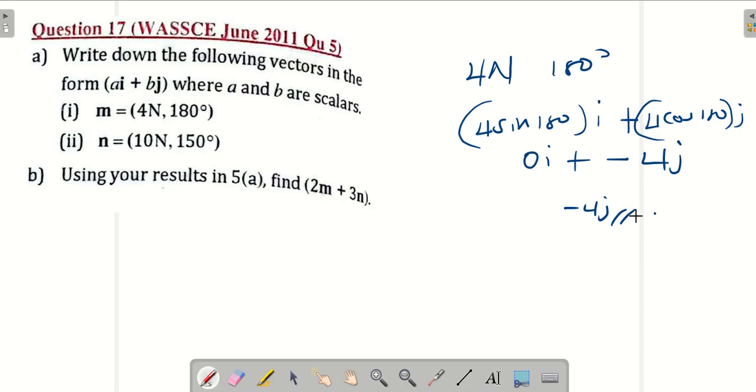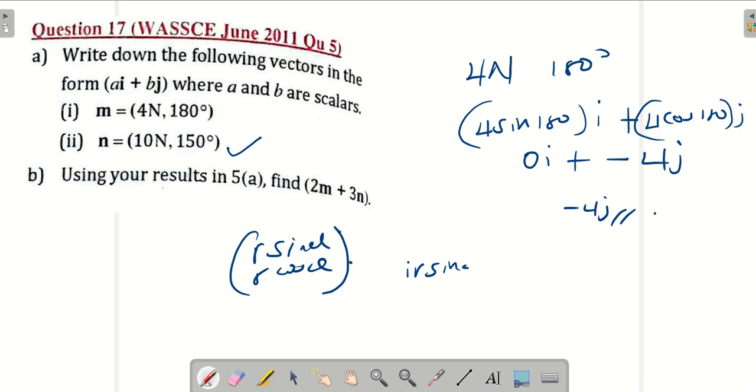Good. Then do this one. Now in fact, what I'm writing here is the same thing. Remember, I gave you the formula R sine theta, R cos theta. This is in a column form, but to write it in the Cartesian form, it will be I R sine theta plus J R cos theta.